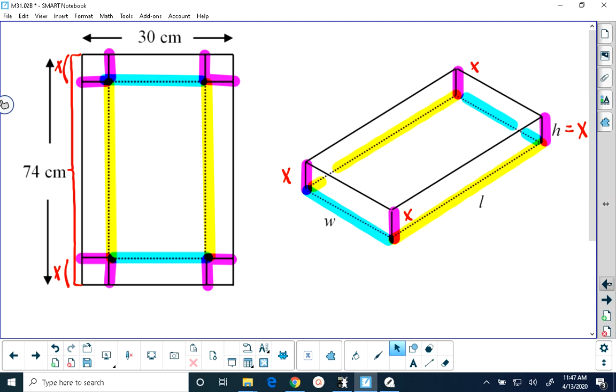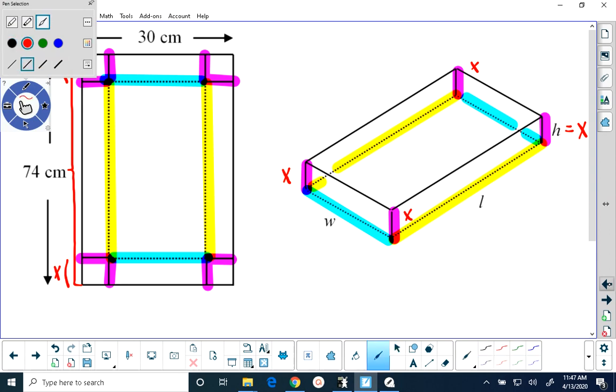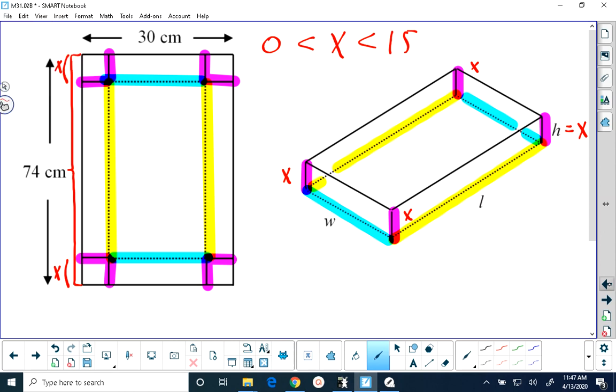And if you are going to remove 28.1 centimeters from each end of that 30, you're going to have nothing left. In other words, there is a domain in this question for x. And the domain is that x must be between 15 and 0. You have to cut out something bigger than 0, but you can't even reach 15. Because if you remove 15 from each side, you're left with nothing on the short side of the box. So that's the answer to the question.